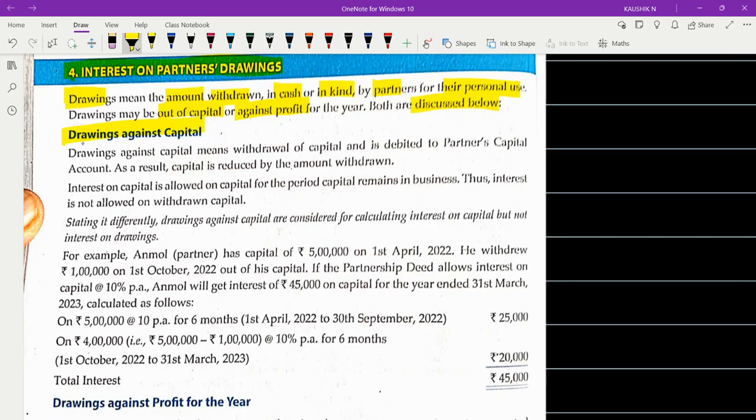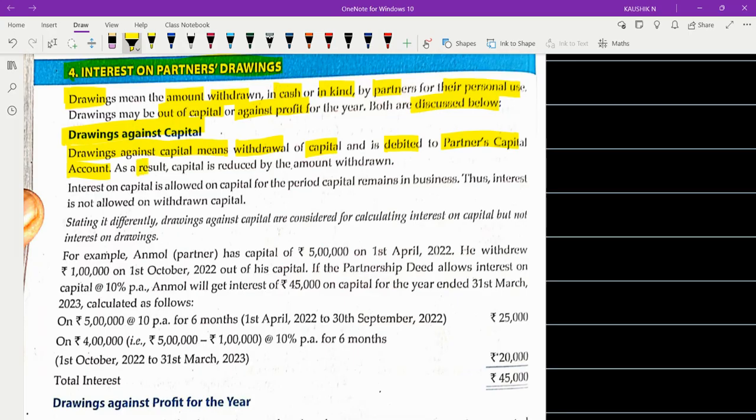Let's understand what is drawings against your capital. Drawings against capital means withdrawal of capital and is debited to the partner's capital account. So, as you know very well, drawings will definitely affect our capital, it will reduce our capital, if you directly withdraw the amount from the capital. Drawings against your capital means withdrawal of your capital, and that will debit your partner's capital account.